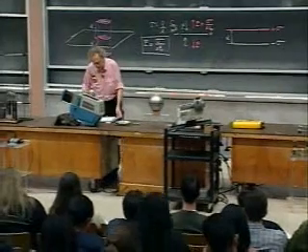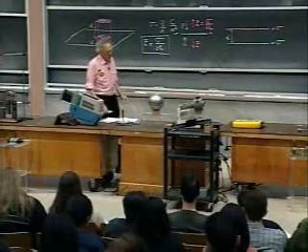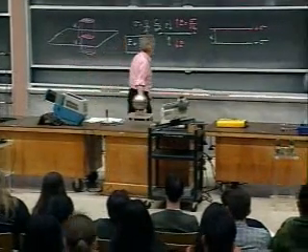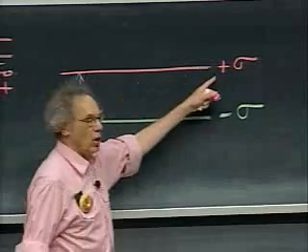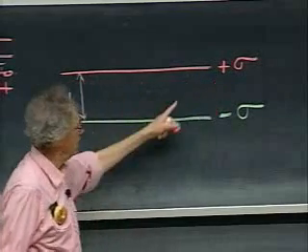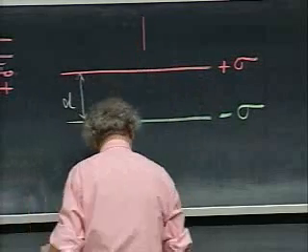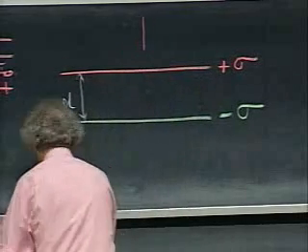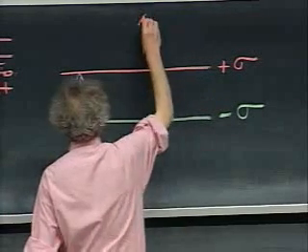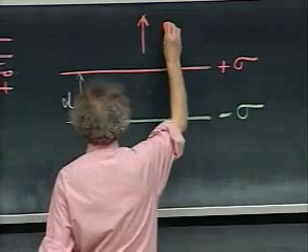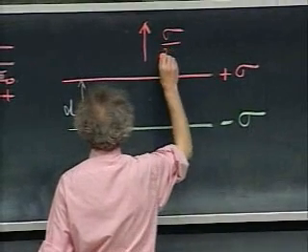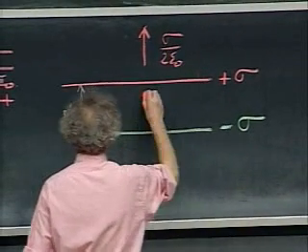And I now use the superposition principle. I say to myself, aha, this plate alone, forget this one, this plate alone would give me an E vector, oh, stick to my colors, give me an E vector like so, and that is sigma divided by 2 epsilon 0.